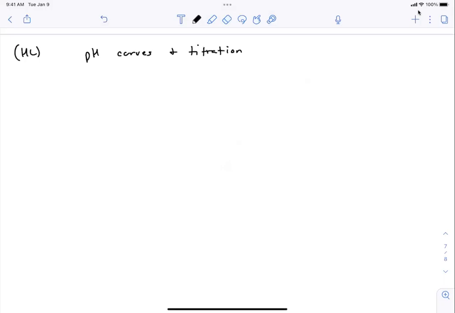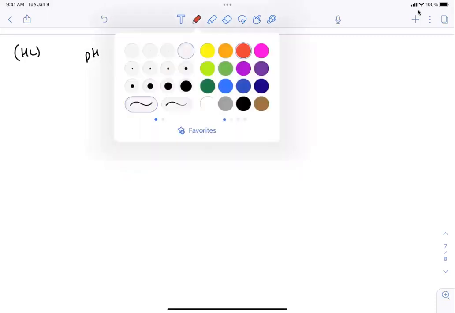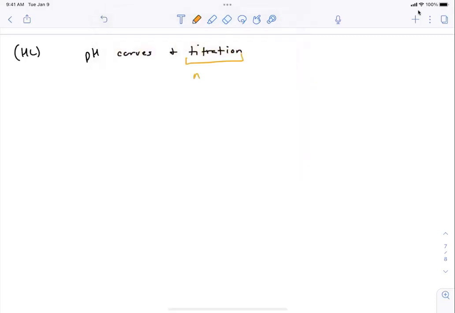The pH curve is the result, the data that you collect when you titrate. So this requires a neutralization reaction. And the idea is that for this to work, you assume that the moles of H plus in your acid are equal to your moles of OH minus in your base.